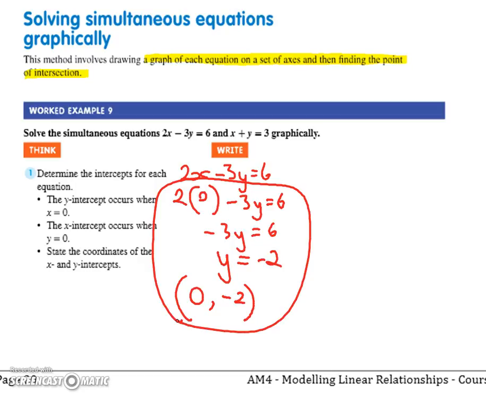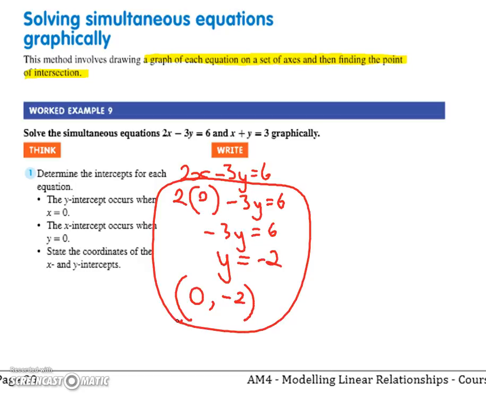We made x equal 0, and that point is the y-intercept.